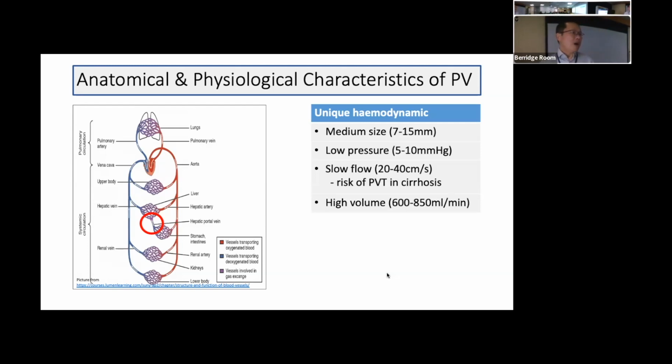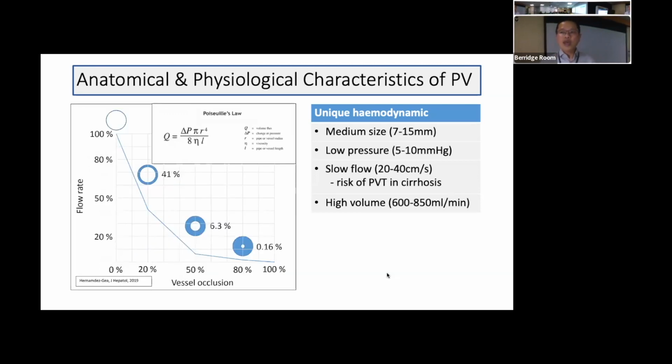And there is high volume flow, obviously, in the portal vein, receiving a lot of mesenteric flow. You may remember your physics, Poiseuille's law, where the flow is proportional to the fourth power of the radius. So you don't actually need to reduce the diameter of the lumen to a greater extent to cause quite a significant reduction.